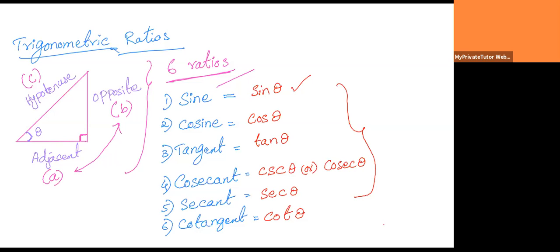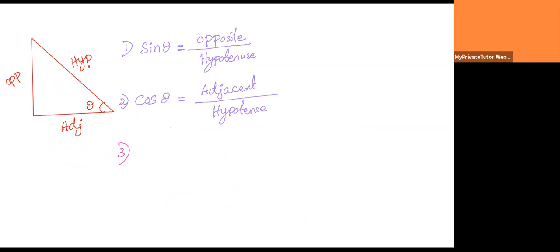And the formulas. The opposite side divided by the hypotenuse side, and cos is adjacent.